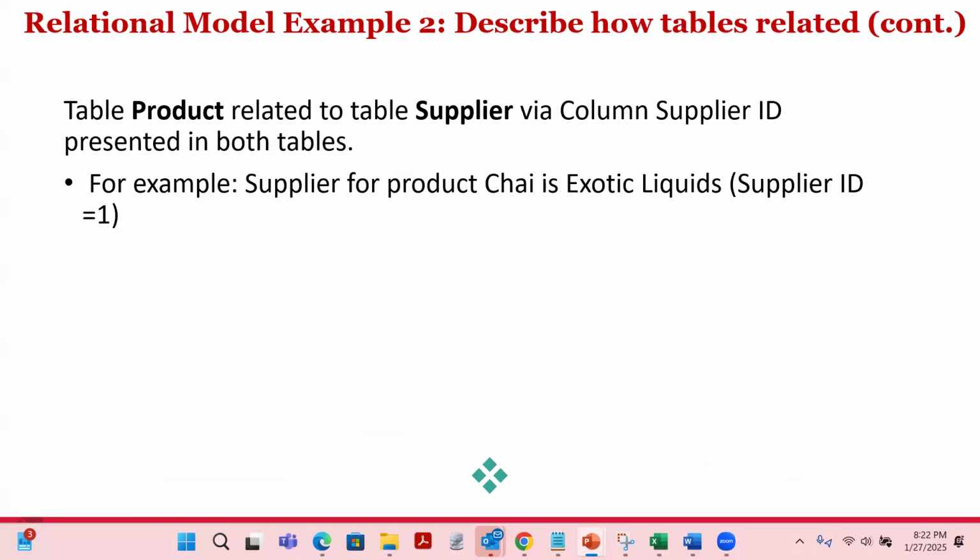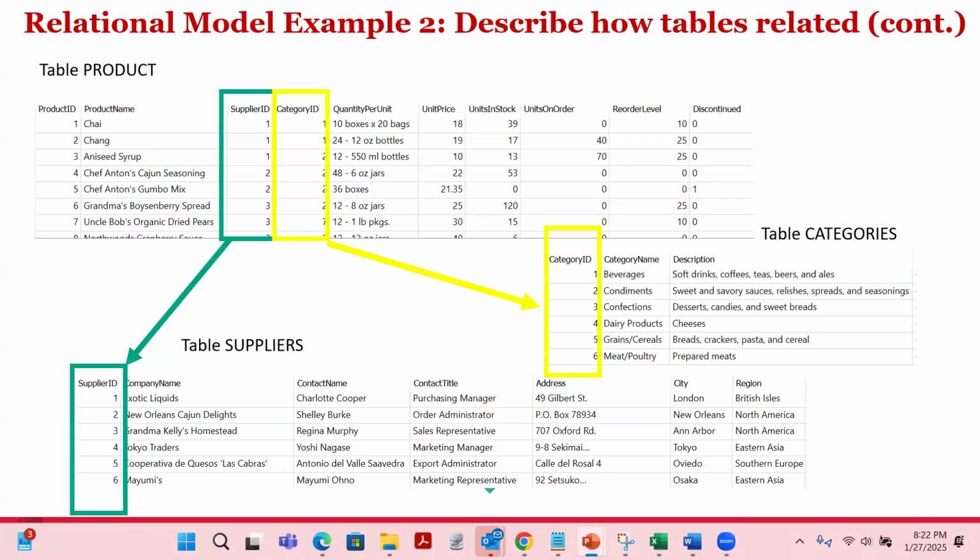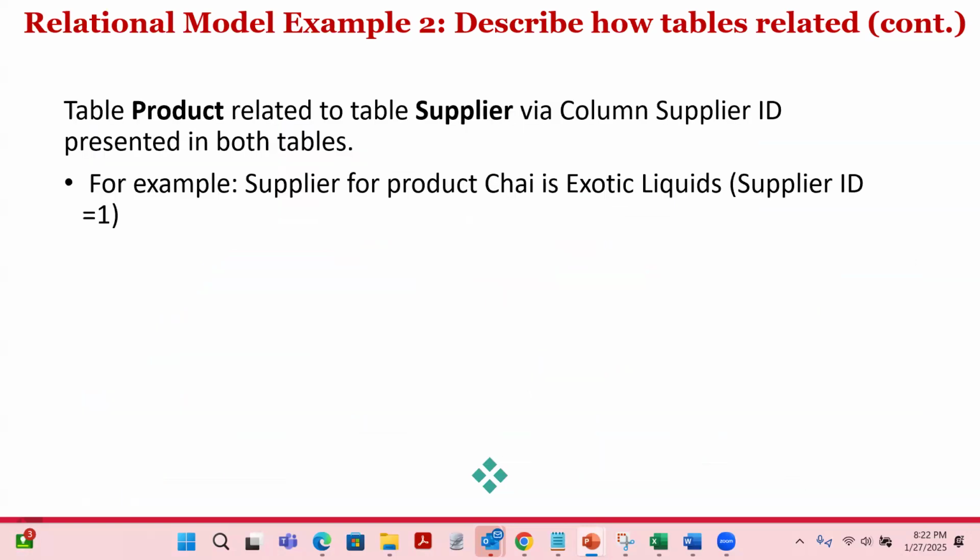Table product is related to table supplier via column supplier ID present in both tables. And here you give an example: the supplier for product Chai is Exotic Liquids, supplier ID 1. So that is how you write an explanation of how tables are related together.